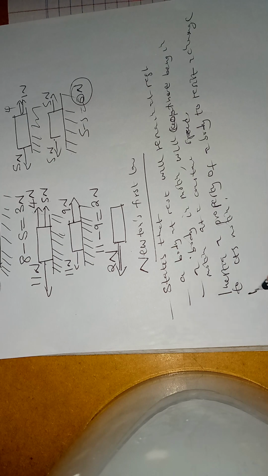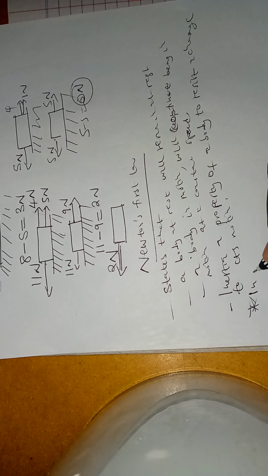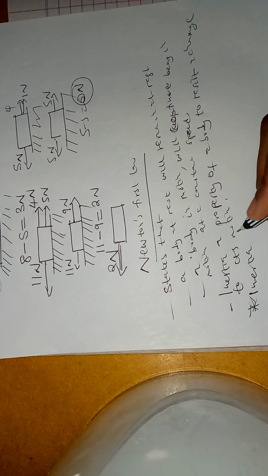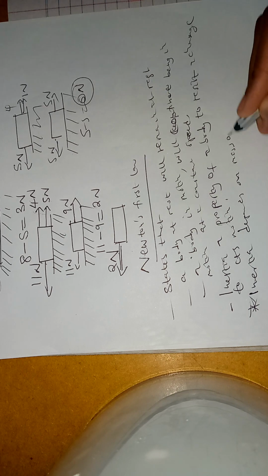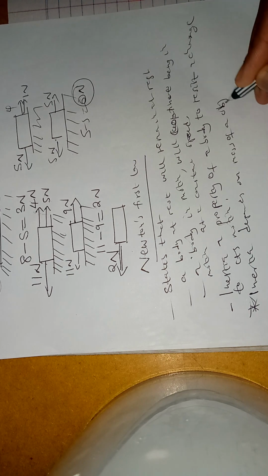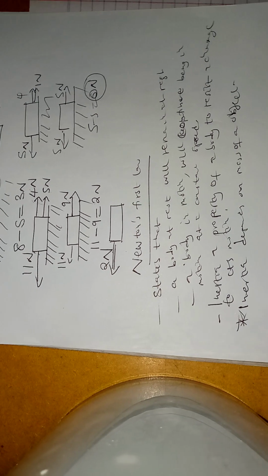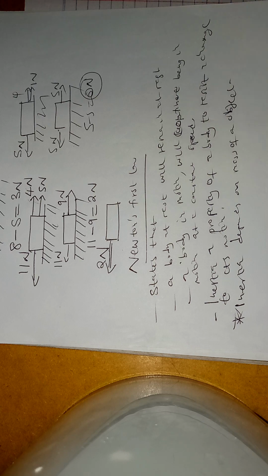Take note of this: inertia depends on the mass of an object. An object with a higher mass is said to have higher inertia. So we're saying inertia is a property of an object to resist a change to its motion. We are told inertia depends on the mass of an object.